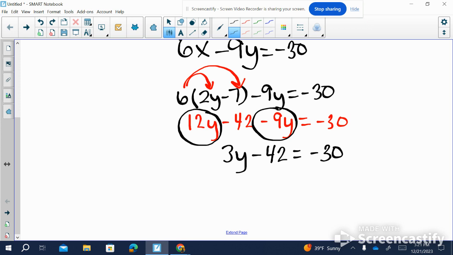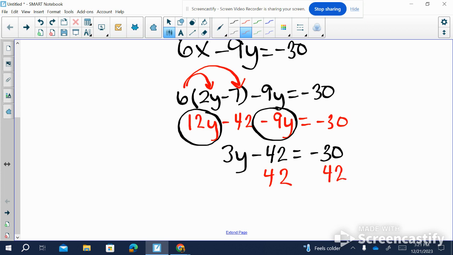Now I have to use my properties of equality in order to get my variable terms on one side and my constant terms on the other side. So, because minus 30 is a constant, I'm going to bring over the 42 here.